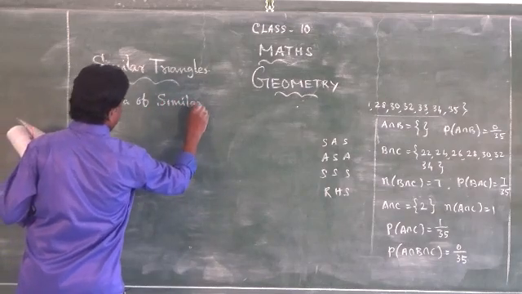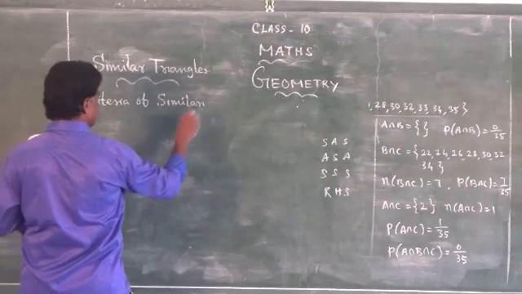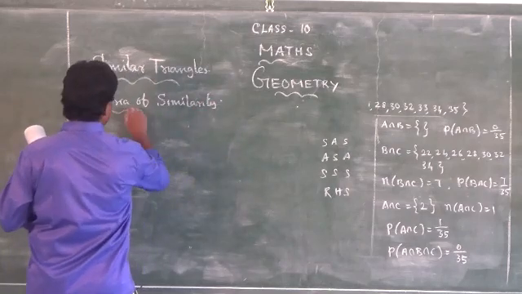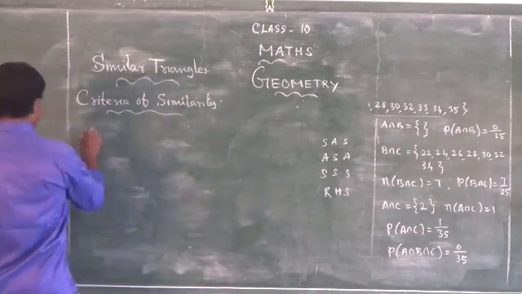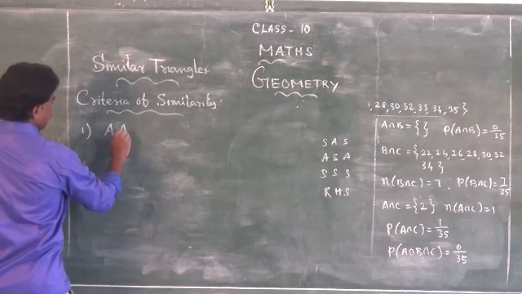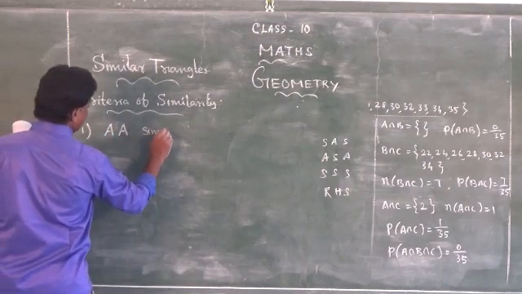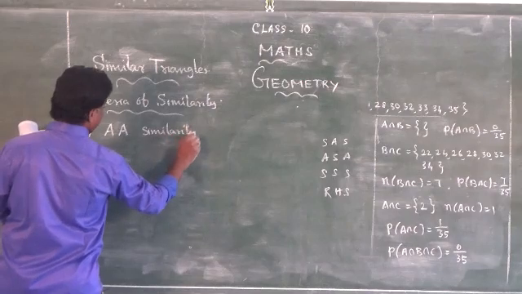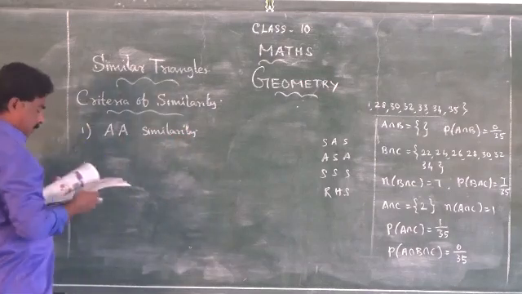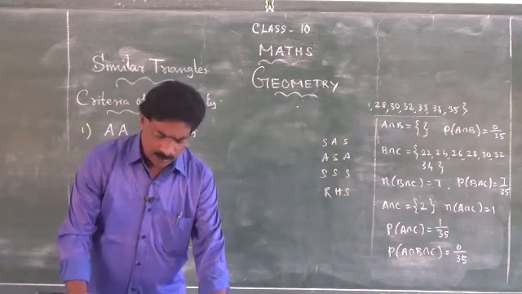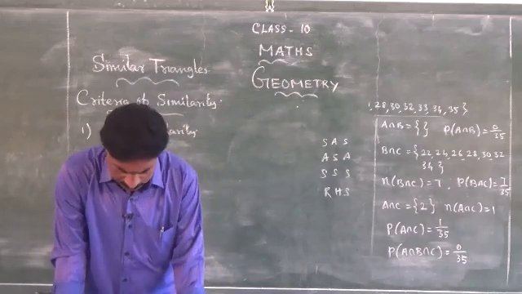I will explain. You copy from your book, because all these are notes only. The first one is angle similarity. You can copy the notes from the textbook. I will explain.